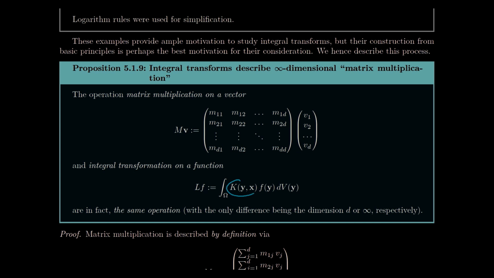And now that we understand that this can be a partial differential equation operator, we can construct its matrix inverse. And by matrix inverse, we should really mean integral transform inverse.